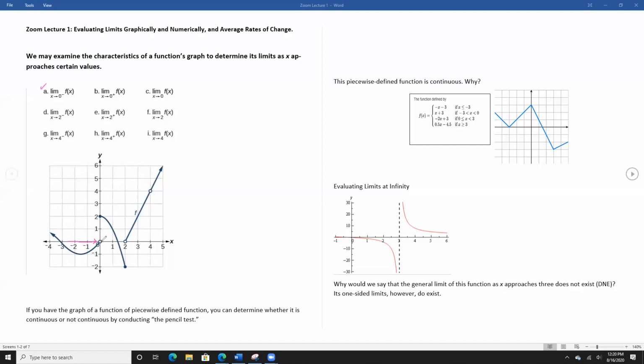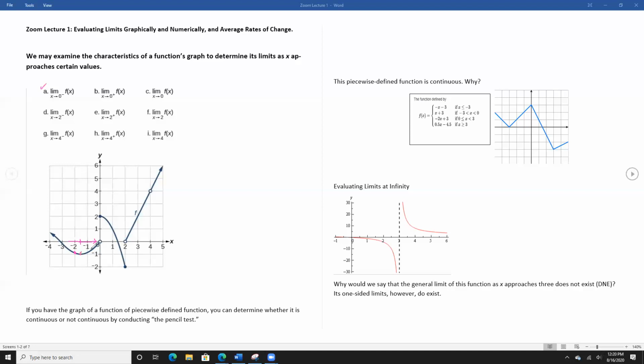And the question is, as x gets closer and closer to 0 from the left, what value is y approaching? Well, let's look at some of the values. When x hits -2, it appears that the y value is just a little bit bigger than -1. And then as x gets to, let's say, -1.5, it appears that y has hit -1.